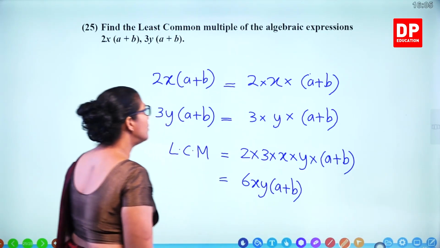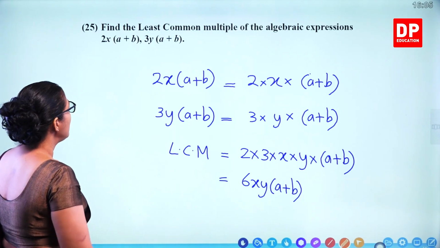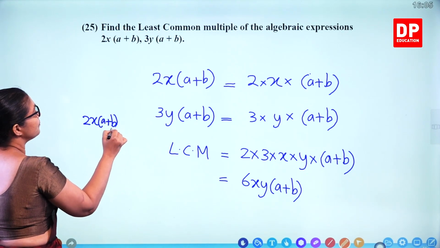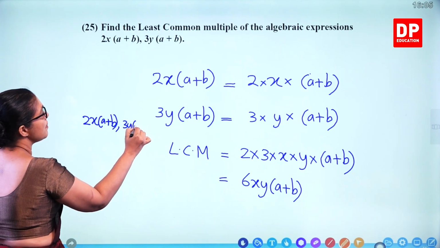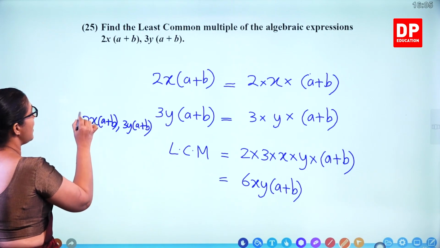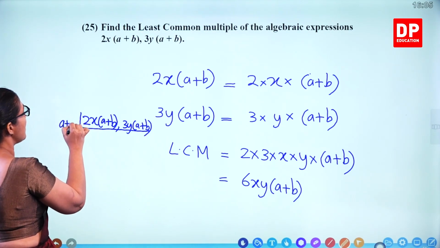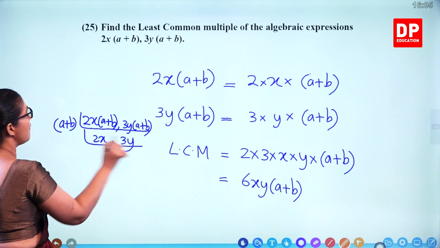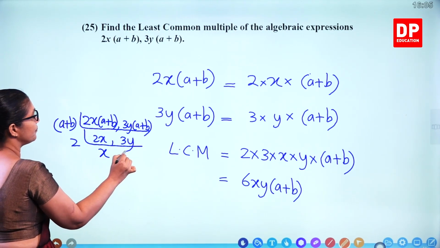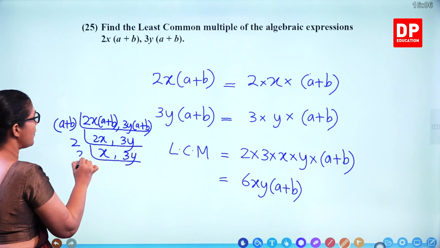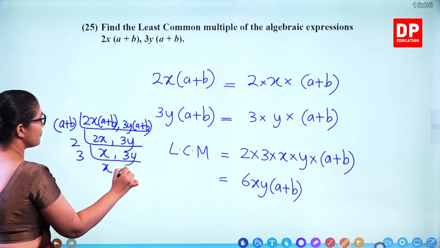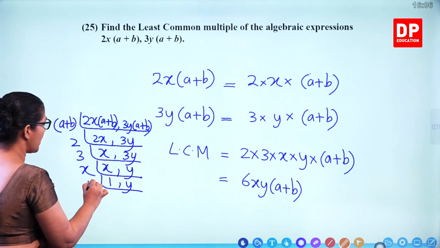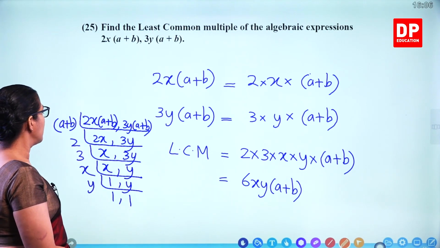Or you can do it another way. You can take 2x(a plus b) and 3y(a plus b) together and divide. You can divide by a plus b. That leaves 2x and 3y. Then you can divide by 2, divide by 3, divide by x, and finally divide by y.